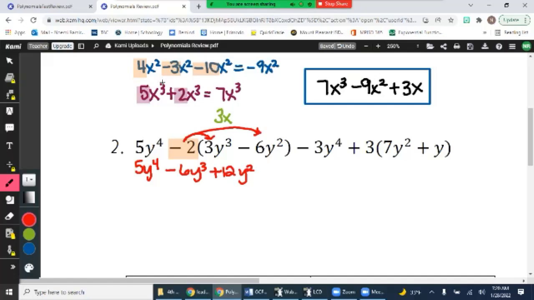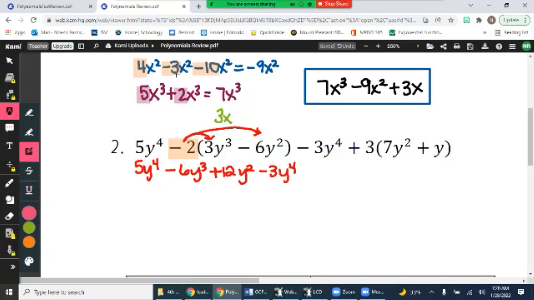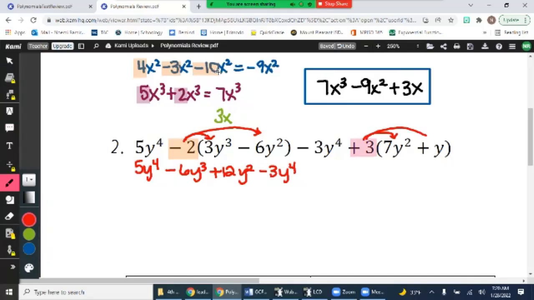Okay. This minus 3y to the fourth is not within parentheses. I can bring that down. And now we have a couple more terms within parentheses. But once again, we pay attention, we're careful, we're distributing a positive 3, not a negative 2, not a negative 1, not a positive 1. 3 times 7 is positive 21. And then y stays the same, and you add the exponent.